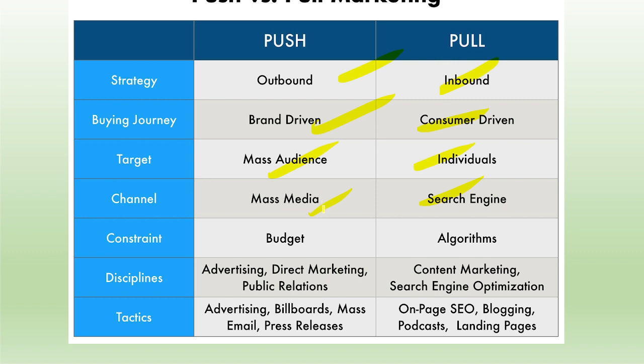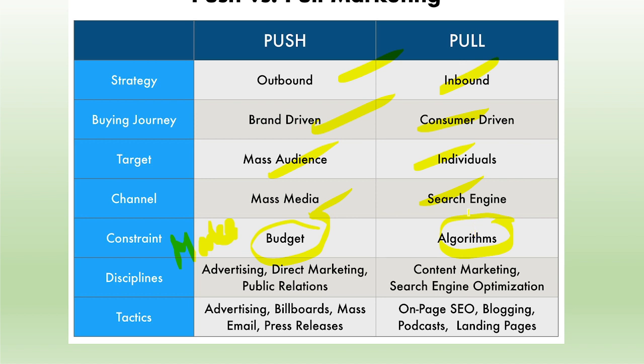Then the constraint: in case of push marketing, it's the budget, but in case of pull marketing, the constraint is the algorithms. The disciplines means the advertising modes. Advertising, direct marketing, public relations are used for pushing the customer, but in pull marketing, content marketing and search engine optimization are used.